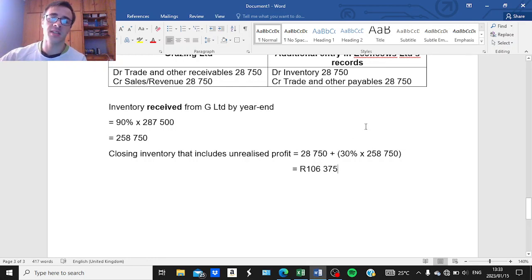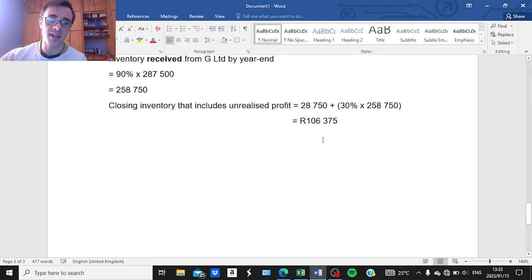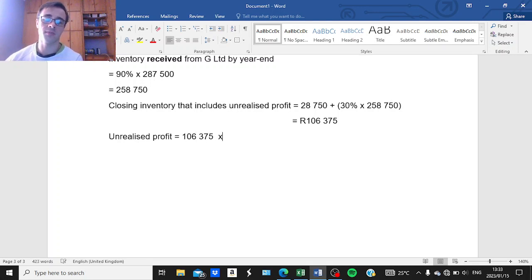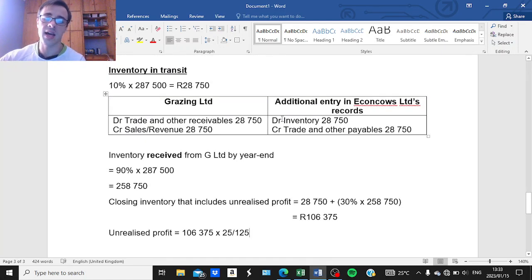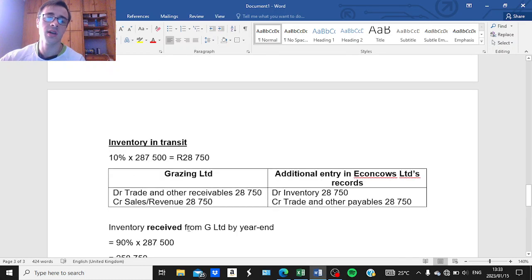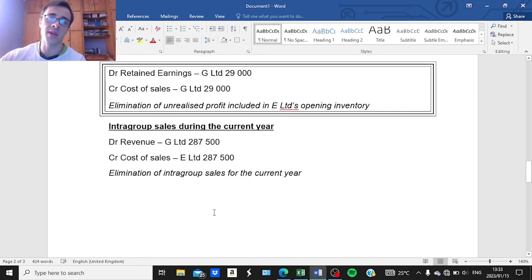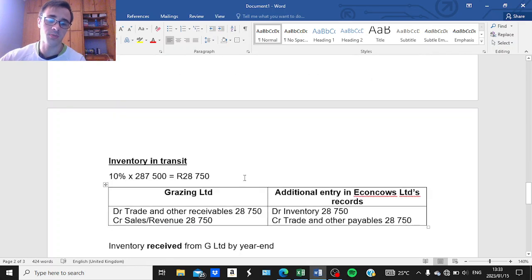Please make sure that you understand the calculations that I've shown. I've also explained this in the suggested solutions to this question, which is available on the Telegram group. So therefore, the unrealized profit in closing inventory that we need to eliminate for consolidation purposes is 106,375 multiplied by 25 over 125, because the profit markup was 25%, and this value already includes the unrealized profit of 25%, which is why we use 125 as part of the calculation.